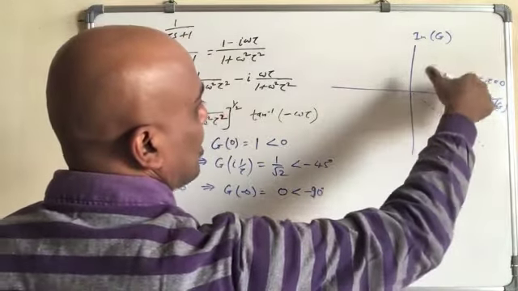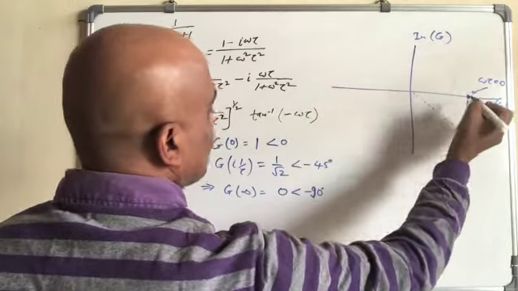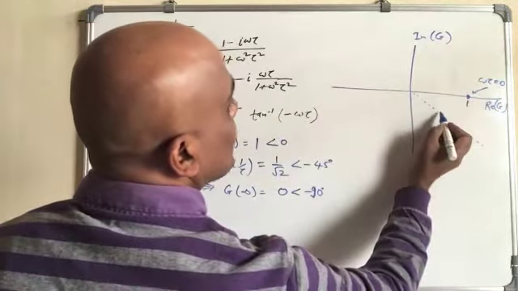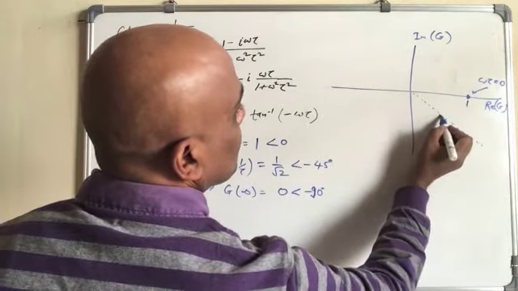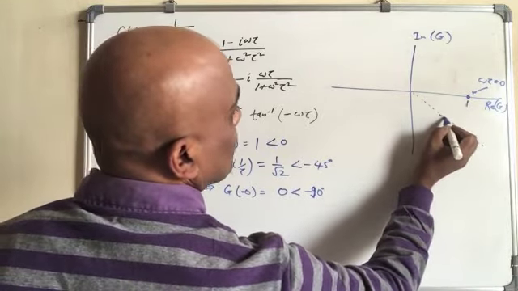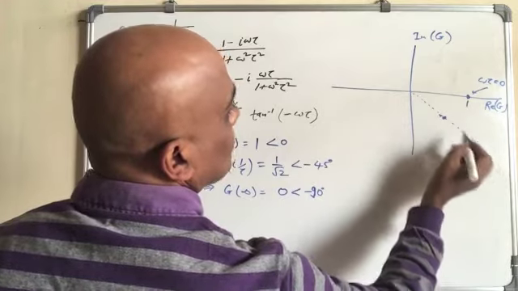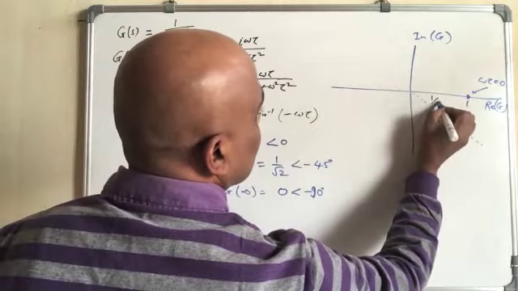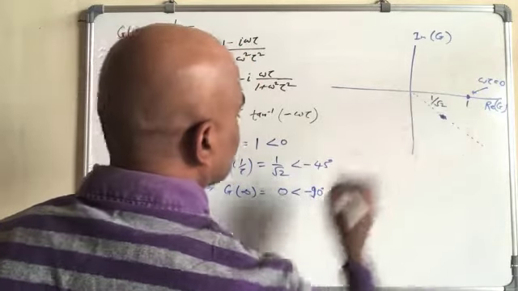If this is 1 here, then 1 over root 2 could be somewhere here.